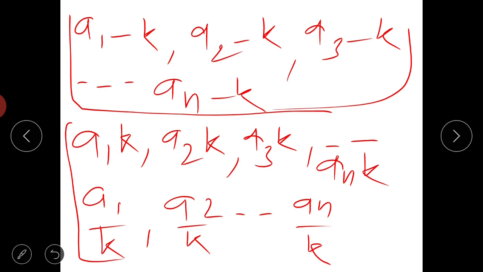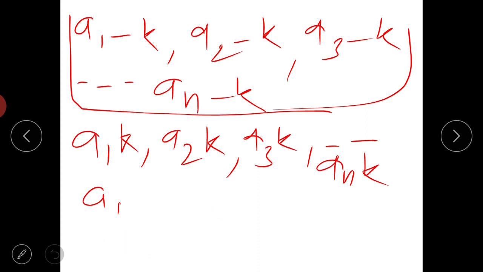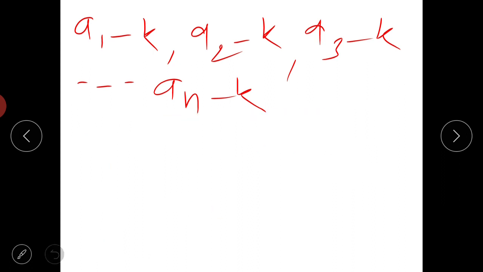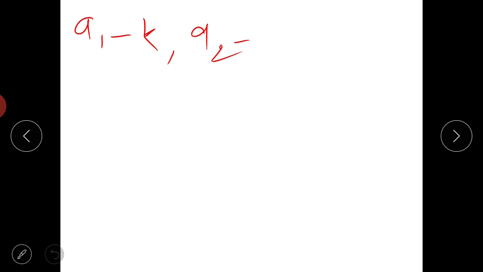Next, the most important: sum of terms equidistant from the beginning and end are equal to the sum of the first and last term.